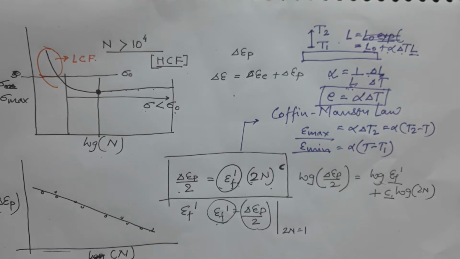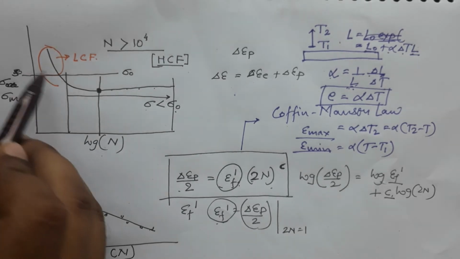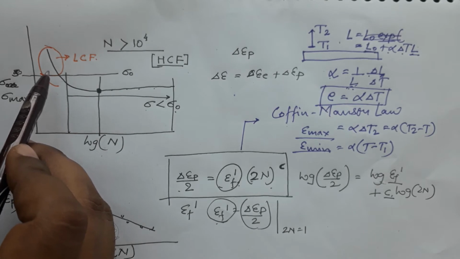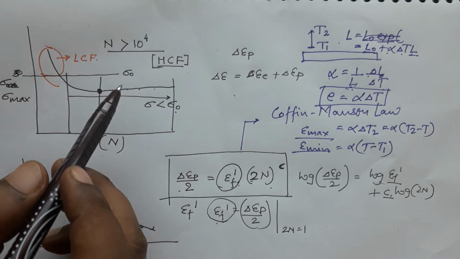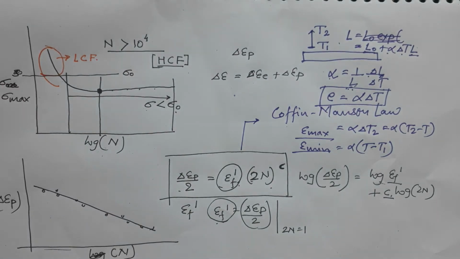In the last lecture, if you remember, we talked about low cycle fatigue, which happens in this region. Low cycle fatigue basically means the stresses are more than the yield strength, and in that region it usually happens because of thermal strain.